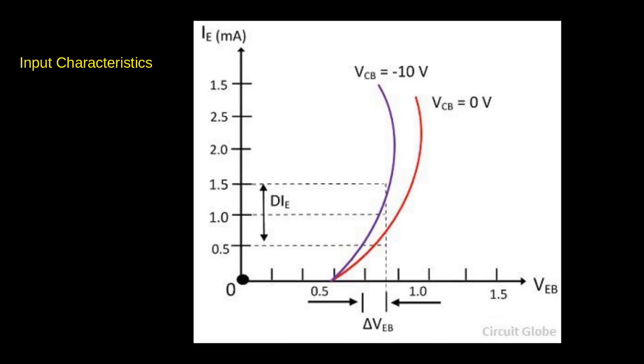Now what is the input resistance of the circuitry? That input resistance can be calculated by Ri. So in this graph we can calculate the potential values.